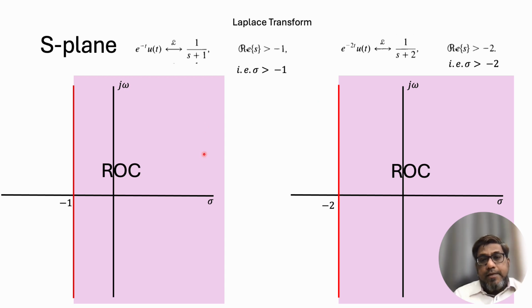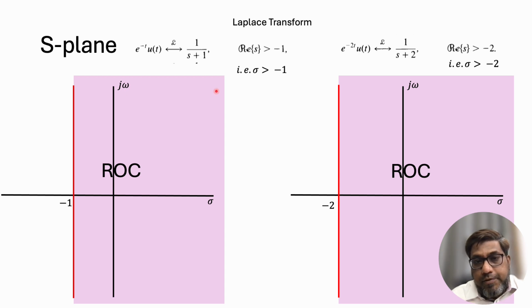Now let us look at specific examples with some numbers. Instead of writing it generally as a, we have put the value of a equal to 1 here. So it's e power minus t u of t, in which case the Laplace transform is 1 over s plus 1, and its region of convergence is the real part of s being greater than minus 1, that is sigma greater than minus 1.